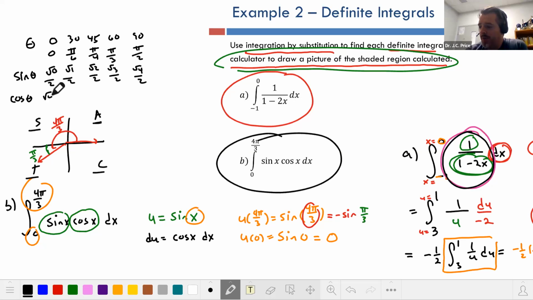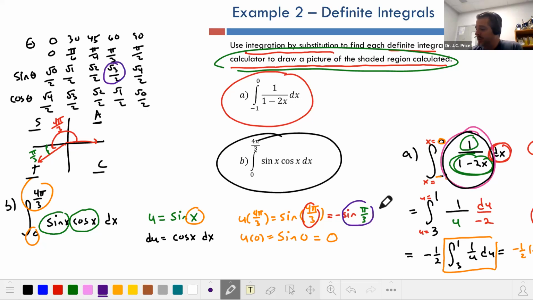So I can write root 4, root 3, root 2, root 1, root 0, and they're all divided by 2's. And so this table kind of lives in my head. So if you ask me for the sine of pi over 3, I've got to remember pi over 3 is 60 degrees. And so I can count it out in the table, and I get root 3 over 2. So that's actually equal to negative root 3 over 2.